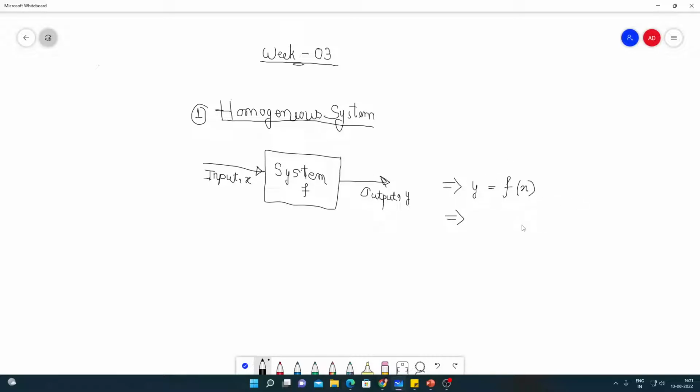A homogeneous system is such a system that if you multiply some alpha with the input, the output that you obtain will also be alpha times y, for all alpha belonging to real numbers, and not only real but also imaginary, all forms.